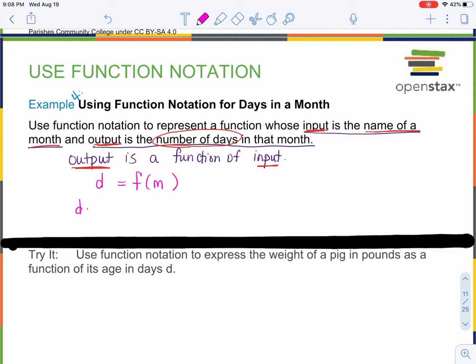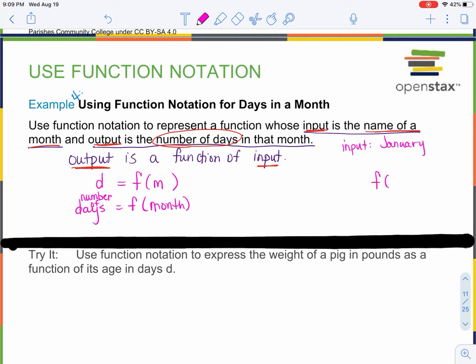So you can actually write it out in words: the number of days is a function of the month. In this case, let's say our input is January.